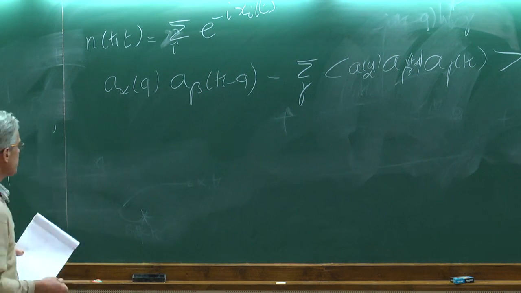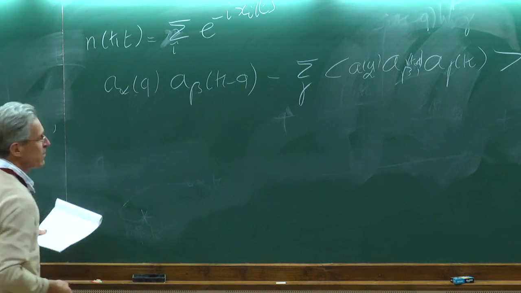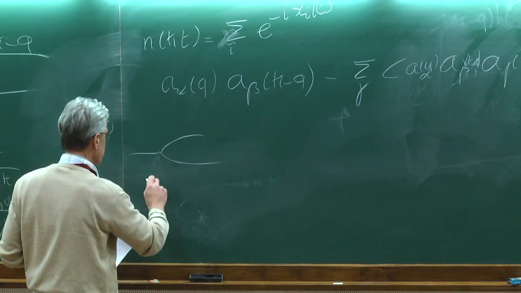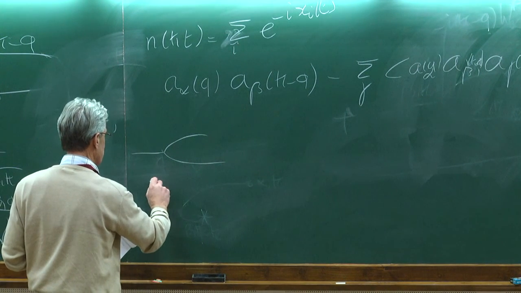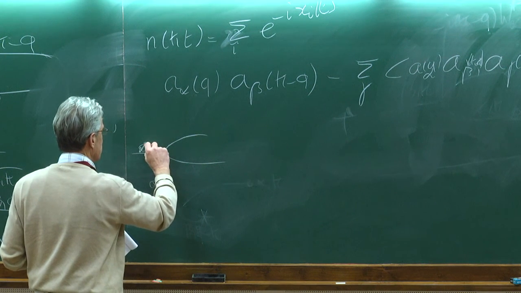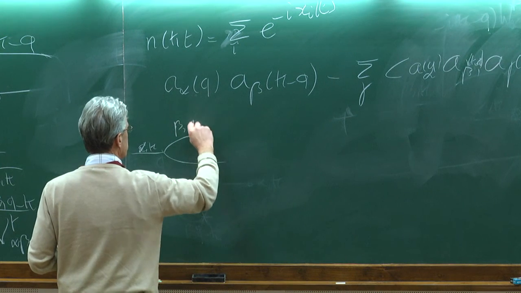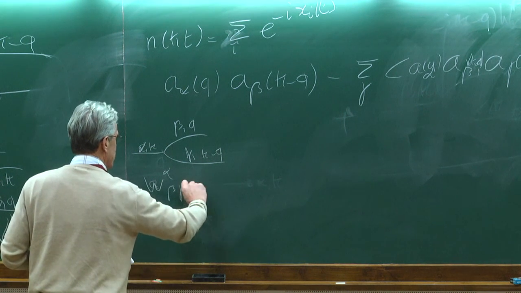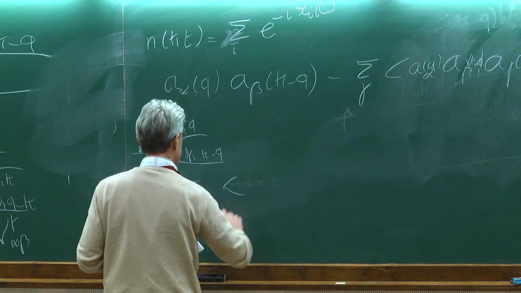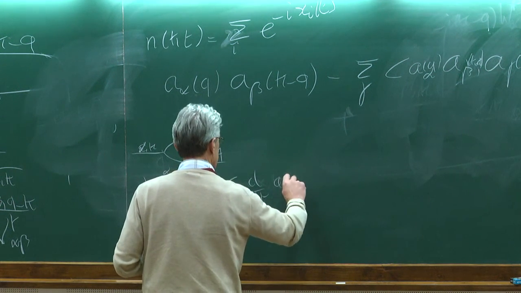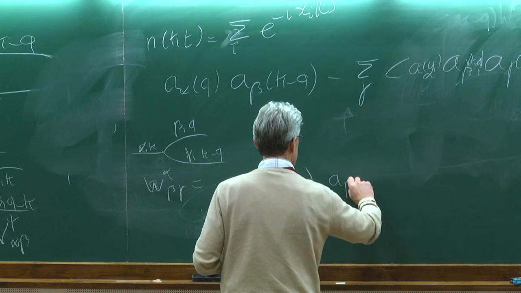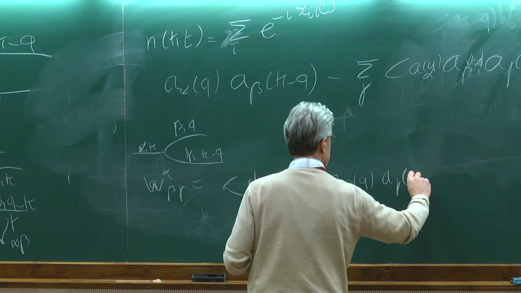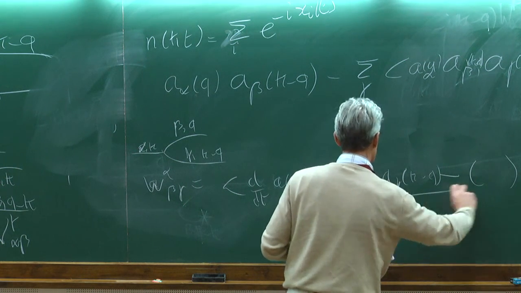And then you establish the mode coupling by looking at time derivatives of all these, and say the branching of a single mode is given by, with this being alpha K, this beta Q, this gamma of K minus Q, W alpha beta gamma equals the expectation value of the time derivative of A alpha of K with A beta Q, A gamma K minus Q, minus this subtracted term.